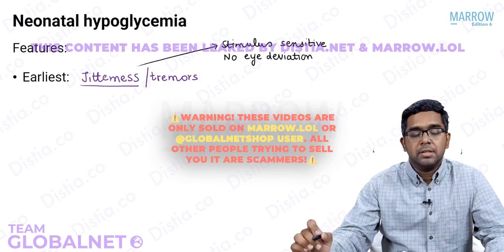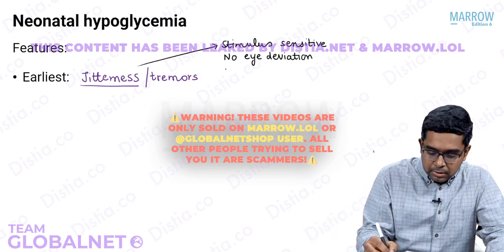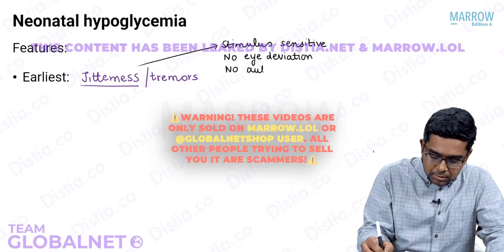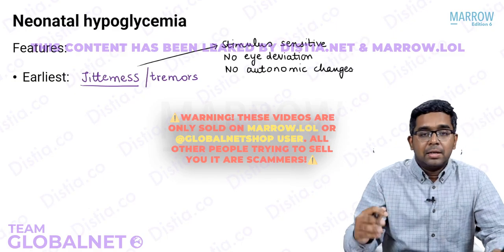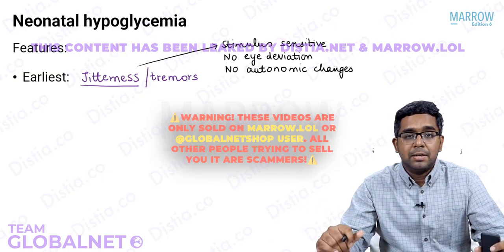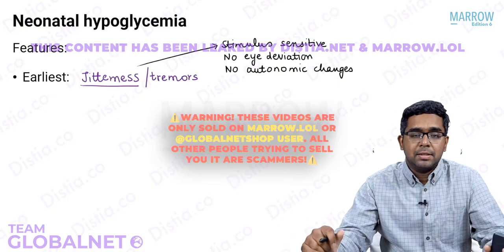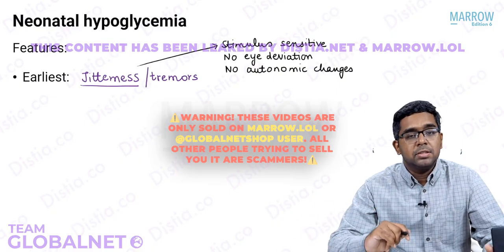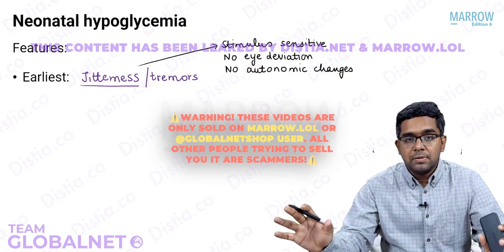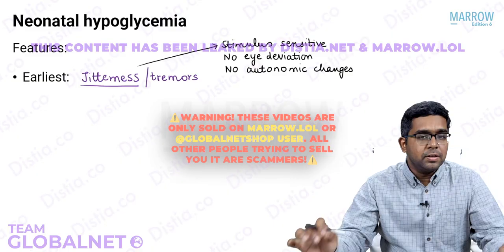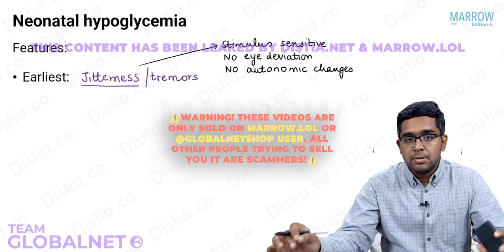That's the second point of distinction. The third important thing is there are no autonomic changes associated with jitteriness. The autonomic changes would include a sudden change in the respiratory pattern or a sudden change in the heart rate. That does not occur with jitteriness. However, autonomic changes usually occur in a case of seizure. That is how you differentiate jitteriness from seizures.